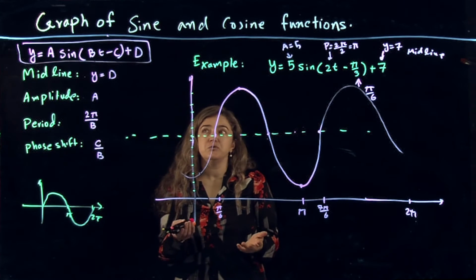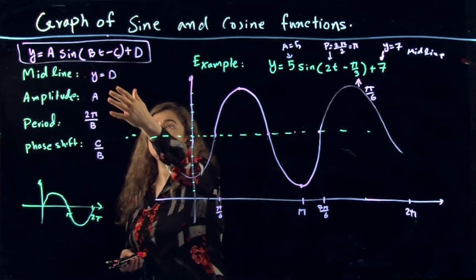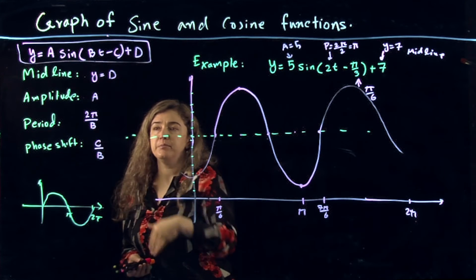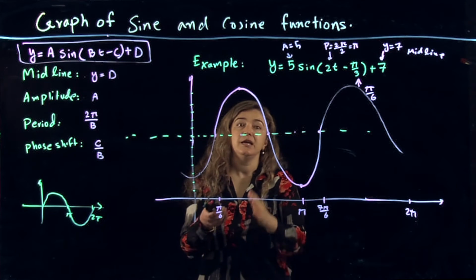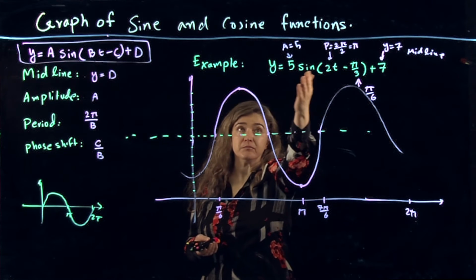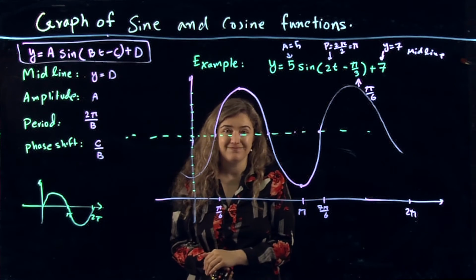Now let's give the next example. We're going to give the values for midline, amplitude, period, etc., and try to come up with a function that would follow those values.